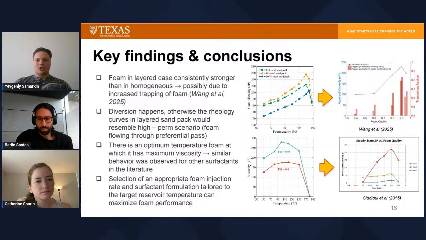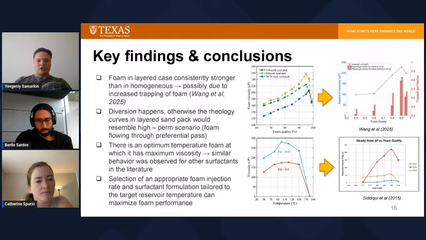And just to conclude, in our experiments we observed something other researchers would observe in their experiments, but at a smaller scale. So in our heterogeneous setup, probably also some portion of the gas of the foam would be trapped, and that overall caused the increase in the viscosity of the foam, and also that complex heterogeneous system would better mix the foam, and then the overall rheology would be better.